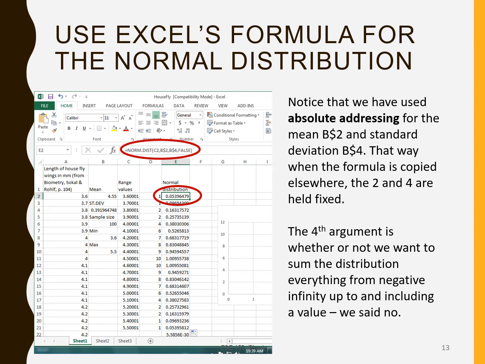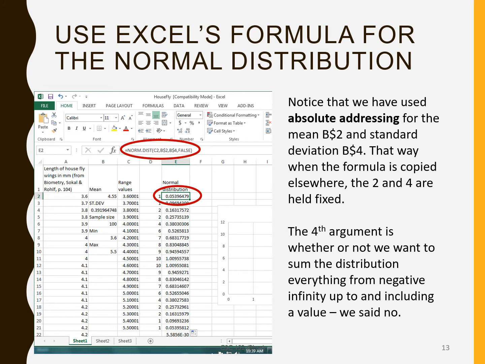And then next come the 2 standard parameters, the mean and the standard deviation, and that was in B2 and B4 as we calculated some time ago, and we're using $ signs because we're going to copy this formula down. So the normal distribution that we're entering here is just a normal Excel function, not like the frequencies, which are an array formula. So this is going to be copied down, and so we're using the $ signs to keep those things fixed when we copy it down, because it's the mean for the entire distribution. It's the standard deviation for the entire distribution.